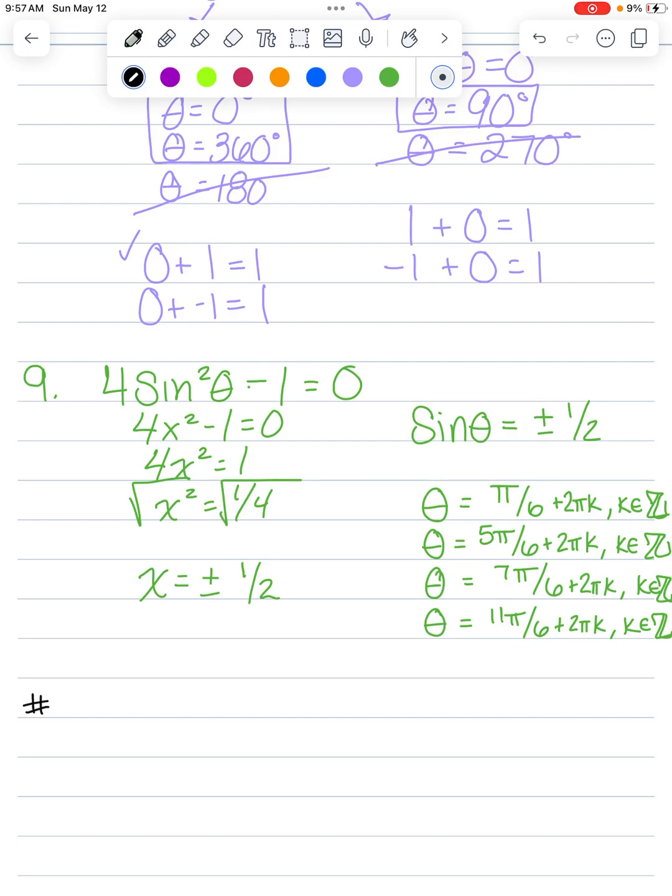Last one in this first chunk of problems is question 10. Which is 2 cosine squared theta equal to 1. Divide by 2. Take the square root.